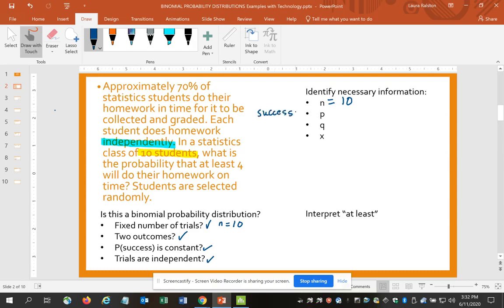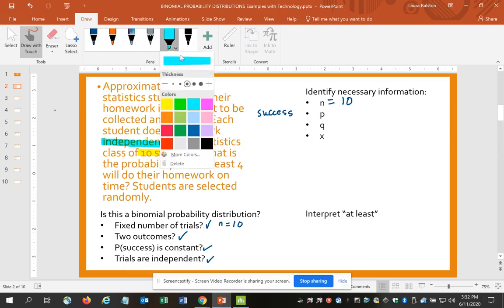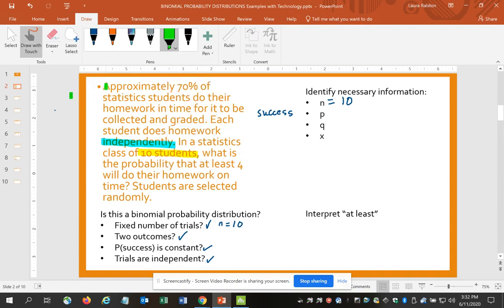In this scenario, what we want is the student to do their homework in time for it to be collected and graded. It tells us in the first sentence that approximately 70% of the students do that. So my probability of success is 70%, which I need to convert to a decimal. As a decimal, that's 0.70.